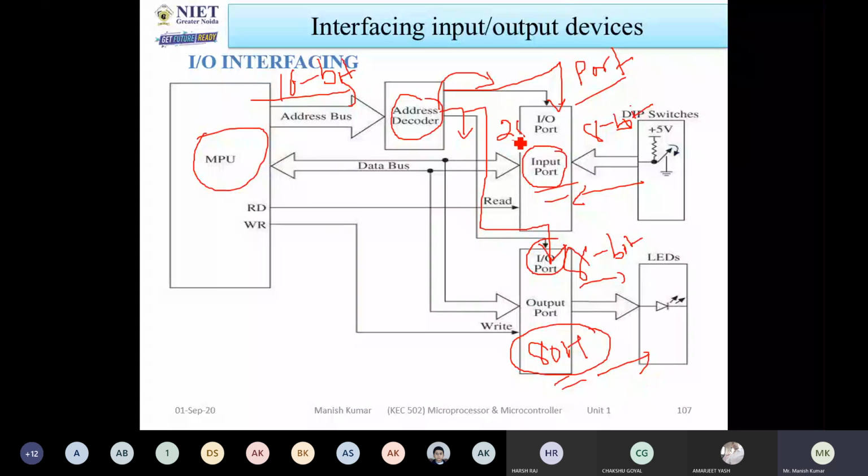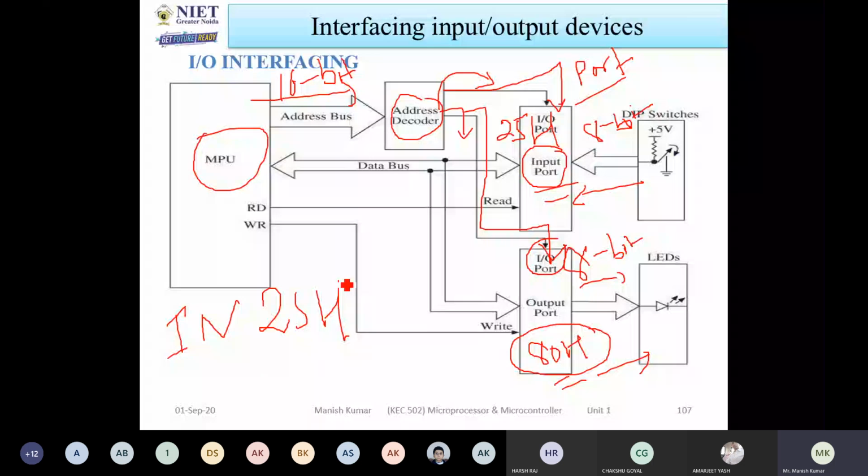It means that this 25H address will be assigned to the input devices, and when you want to use the data from the input devices with the help of the instruction IN 25H, it means that from this address, whatever device is attached, it will take the data to the processor. Okay, this is the whole concept.